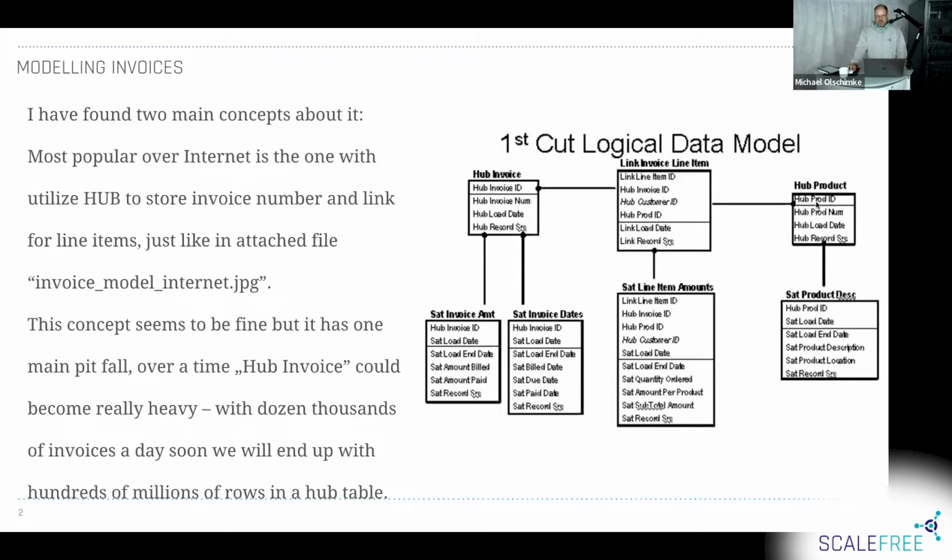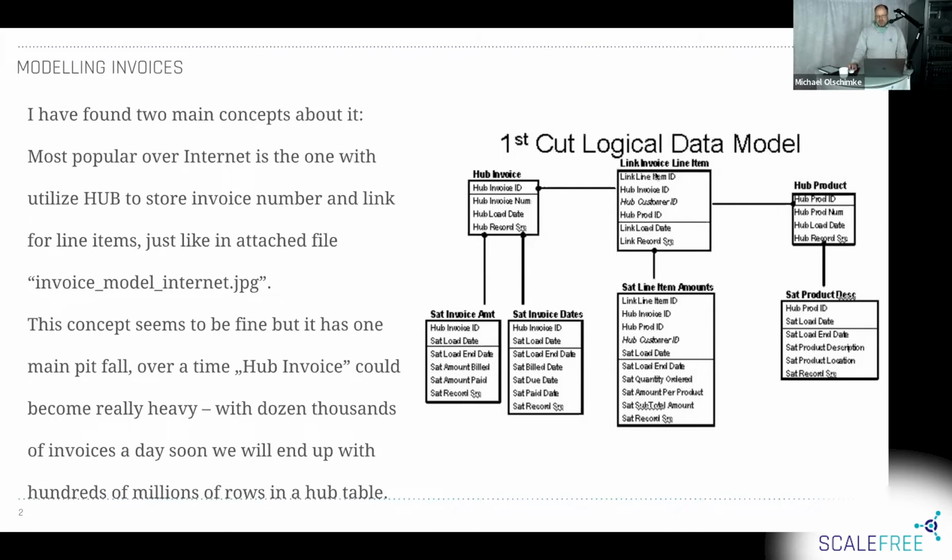They have a hub product because it's a business key again. They have descriptive data on the hub invoice and product, for example product descriptions, invoice dates, and invoice amounts, the amount essentially from the footer of the invoice, the amount total, the gross total, and so on. Right. That's what we see.